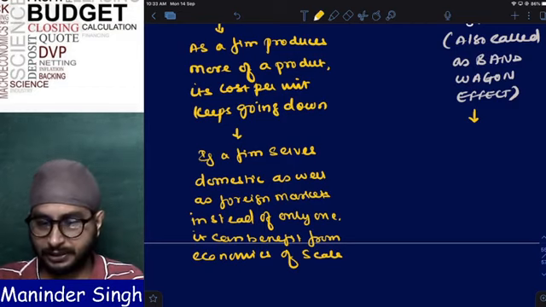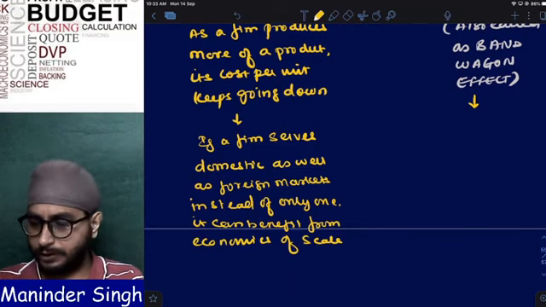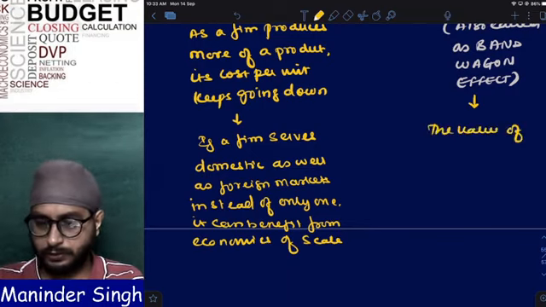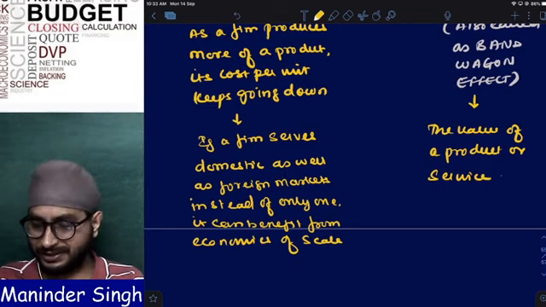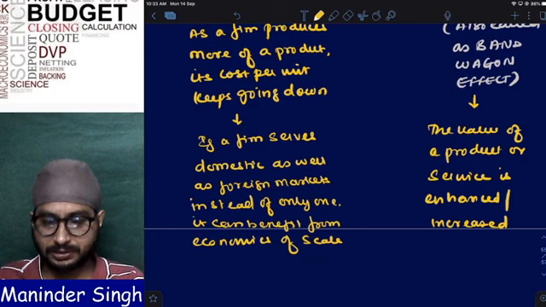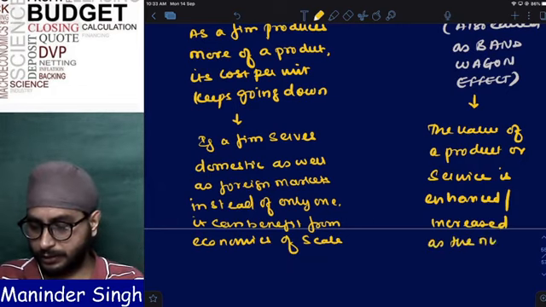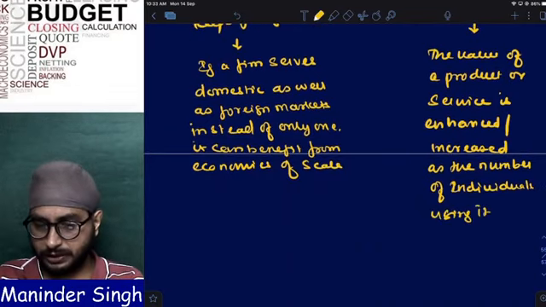Clear? So can I say something like this? The value of a product or service is enhanced or increased as the number of individuals using it increases.